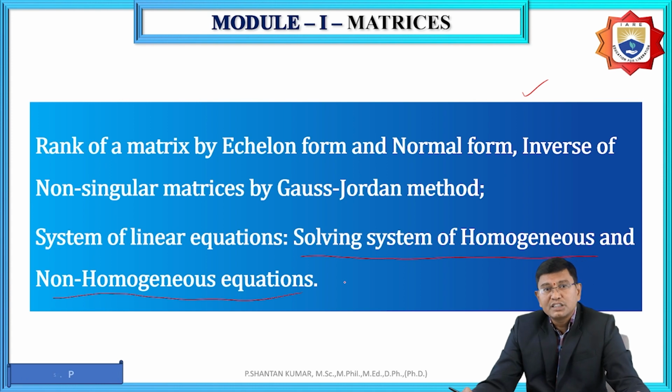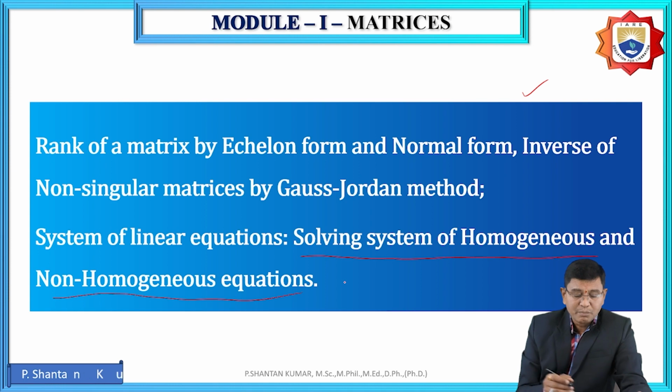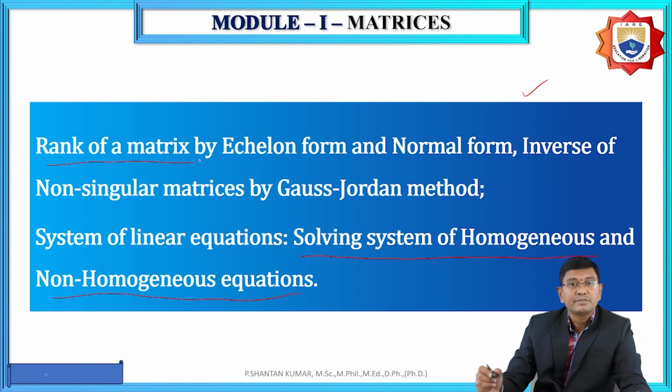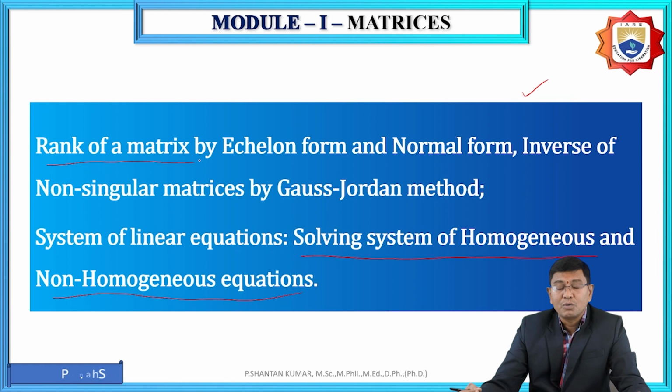Before going further, we first need to discuss what the rank of a matrix means, which operations are involved, and how to find the rank of a matrix using those operations.